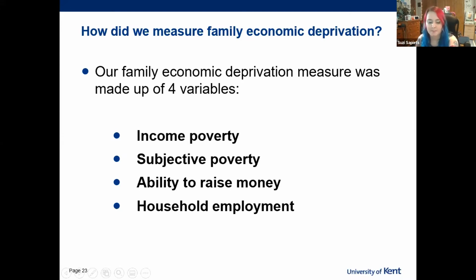We also measured subjective poverty by asking participants to indicate their current financial management, which identified participants who were struggling financially or managing financially. We also asked if parents felt that they would be able to raise up to £2,000 for a hypothetical emergency.